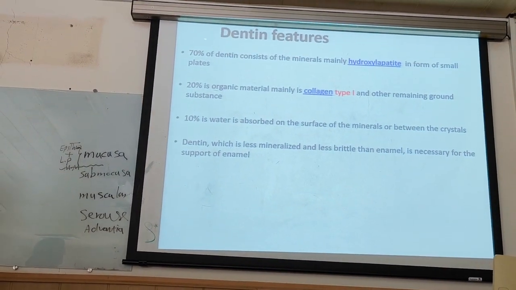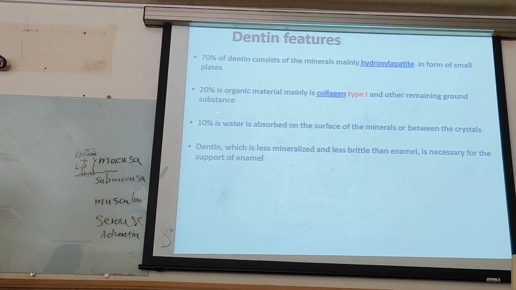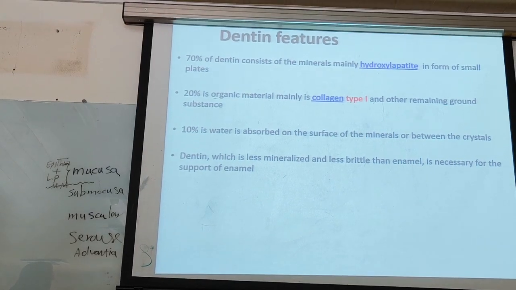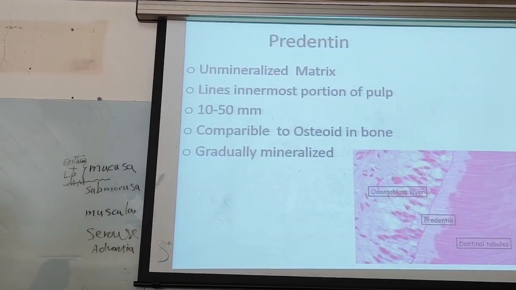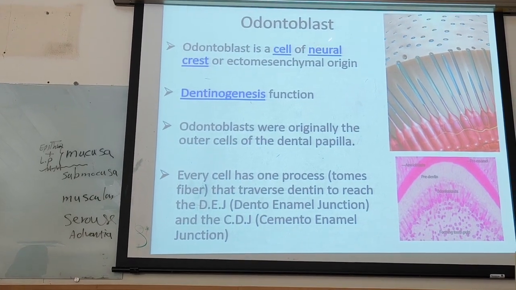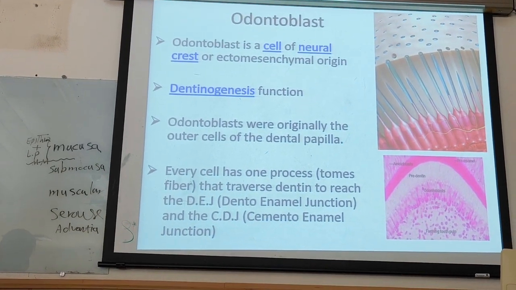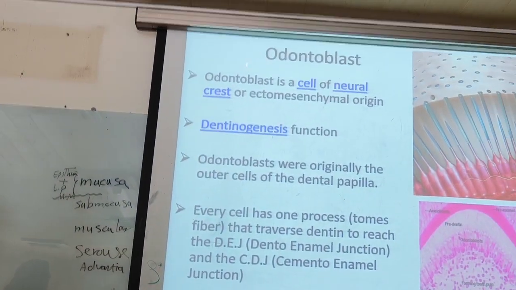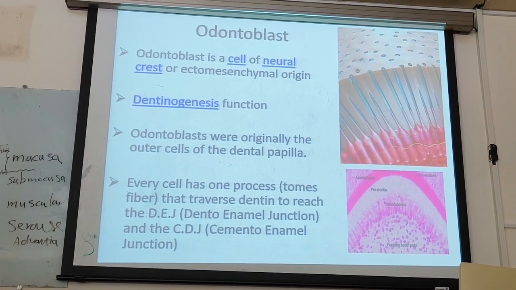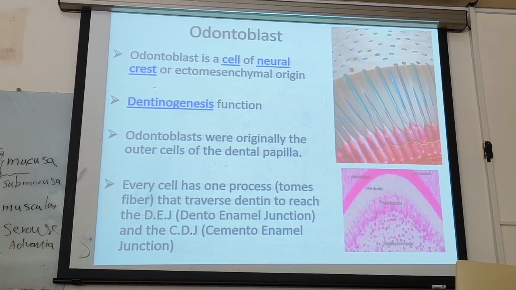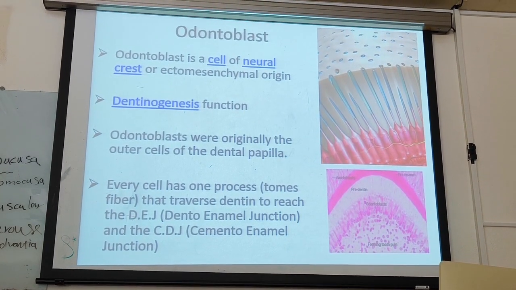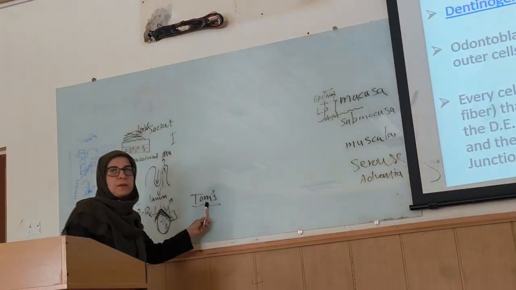The dentin also includes the mineralized matrix as hydroxyapatite, and the non-mineralized matrix as collagen type 1 and other proteins. The cells involved in the synthesis of the dentin are the odontoblasts, which also have a cell body, including the nucleus and the organelles, and a long process, here named the Tomes process.